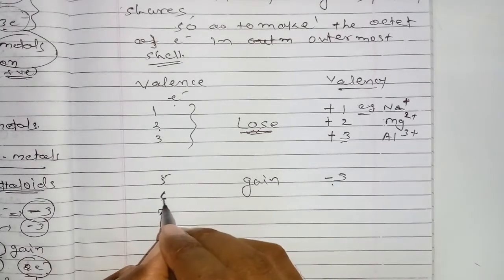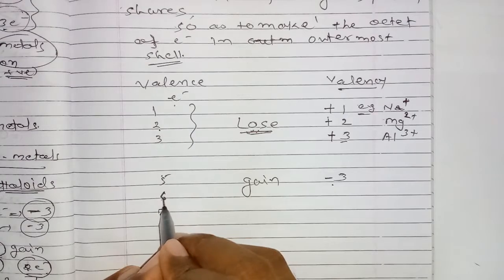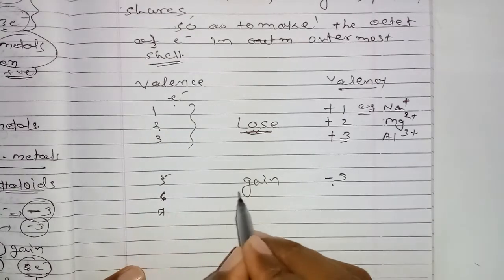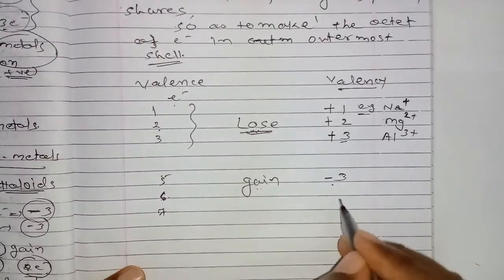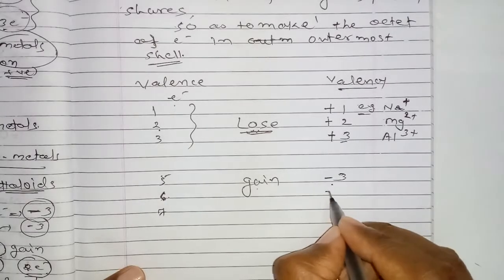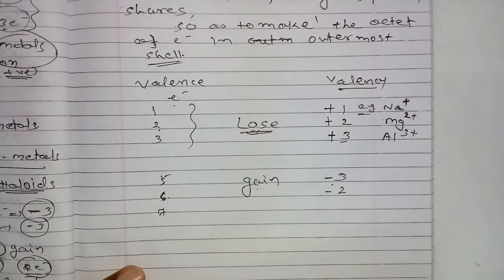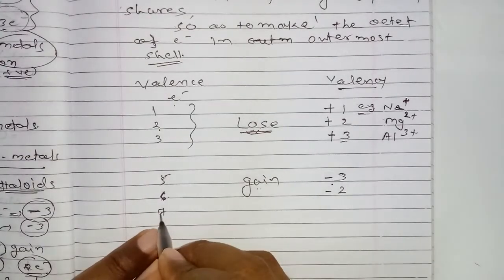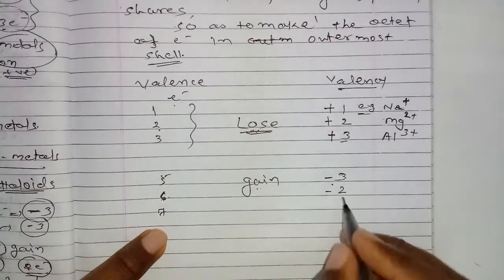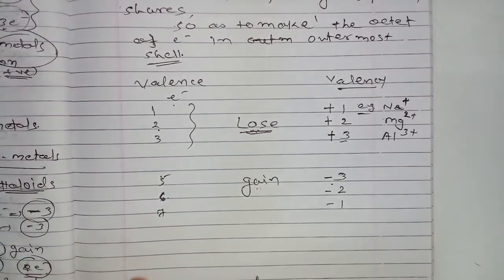With 6 valence electrons, to complete its octet it gains 2 electrons, so the valency is minus 2. For 7 it gains 1 electron, so the valency is minus 1.